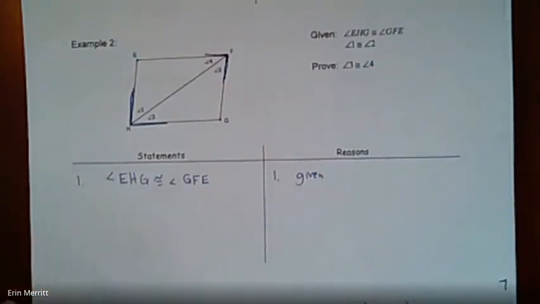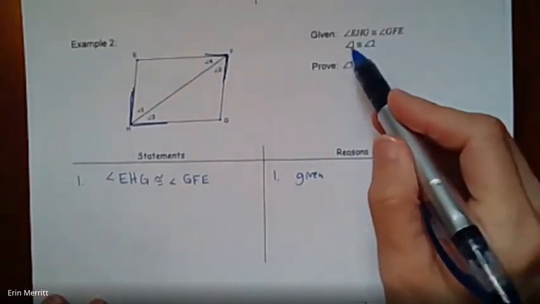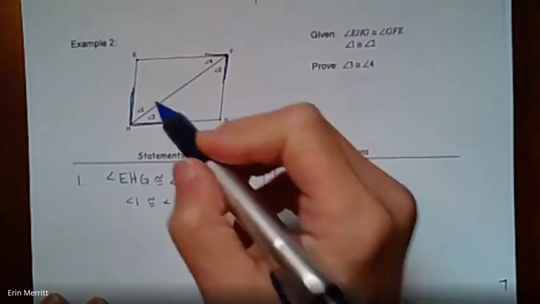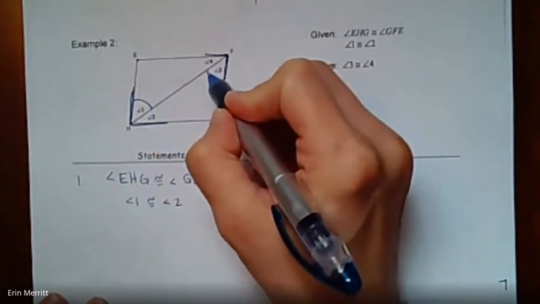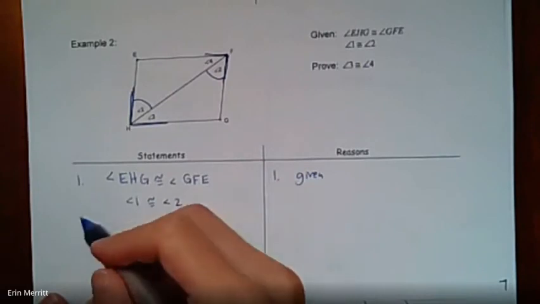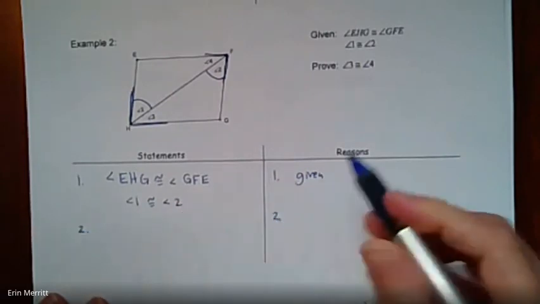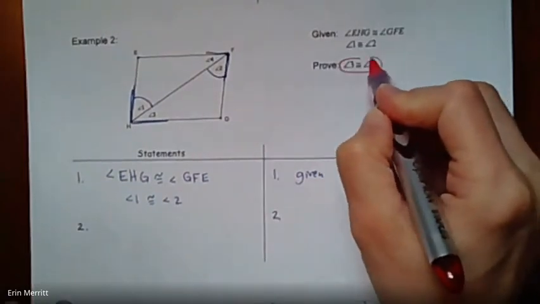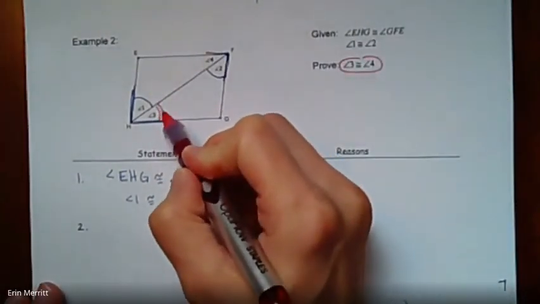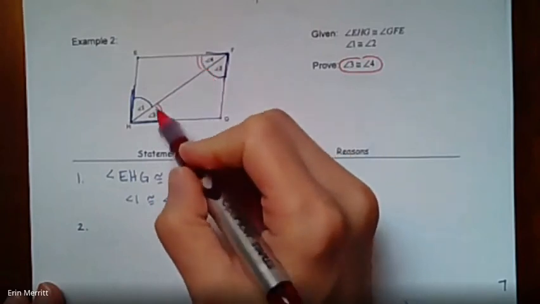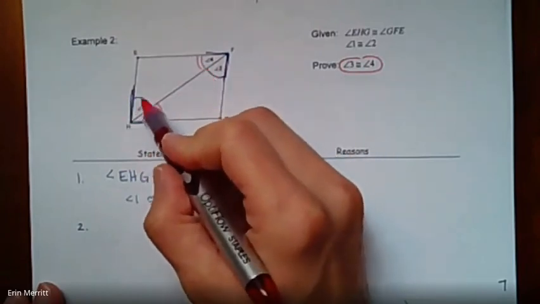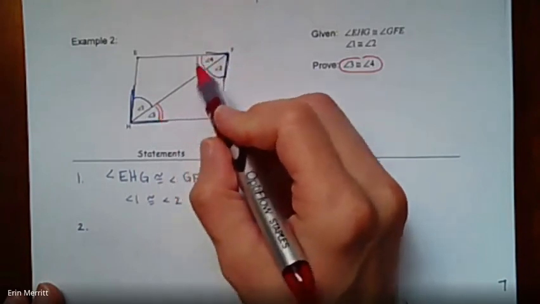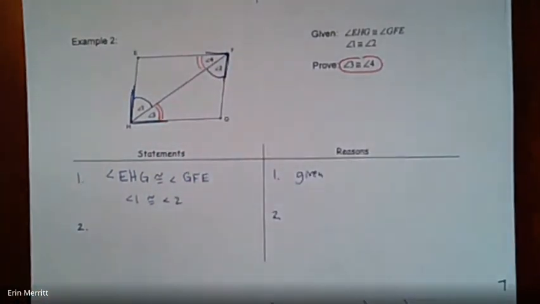Now, rather than using the letters, we're just using the numbers that are written in them. So for this next part, it says angle 1 is congruent to angle 2. And let's mark that in here. So angle 1 is this angle. Angle 2 is that angle. All right. So if our goal is to show that angle 3 and angle 4 are congruent, that's the remaining angle right next to it, then it would make sense if I took that whole measure and subtracted this out, took that whole measure and subtracted this out, that what would be left would also be equal to one another.